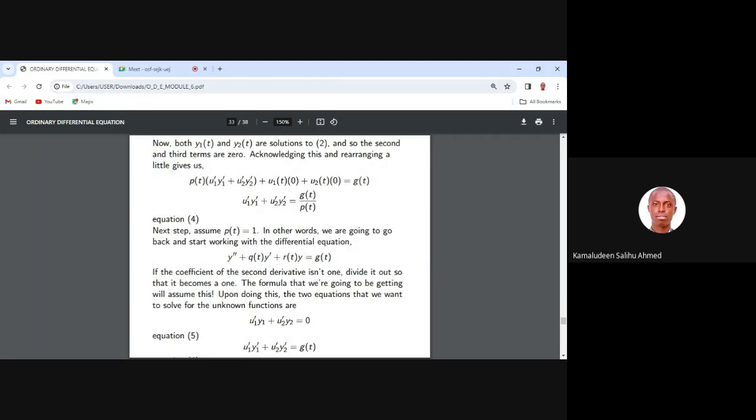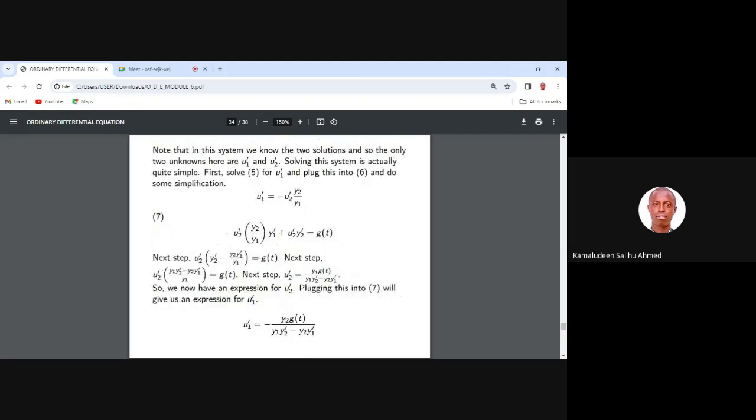From this, when you take it to the other side, you make u1 prime the subject of the formula. That is why you have negative u2 prime y2 over y1, or minus u2 prime y2 over y1, whichever you wish to say.